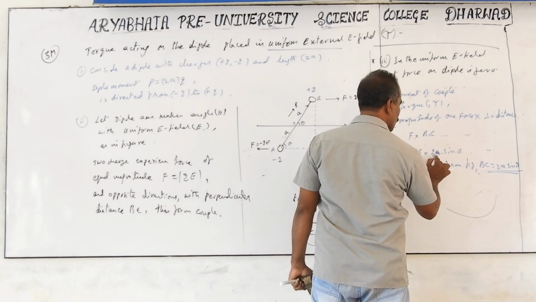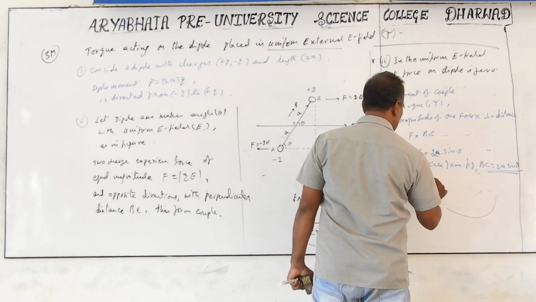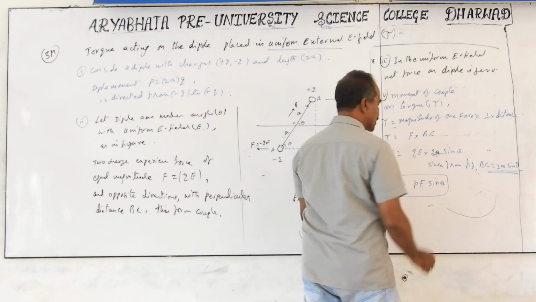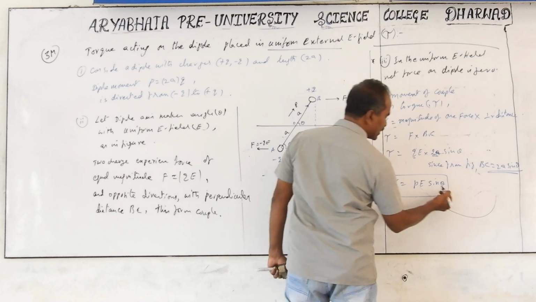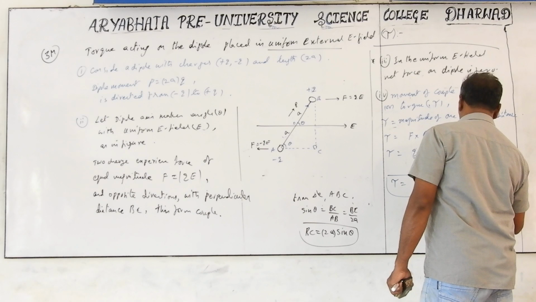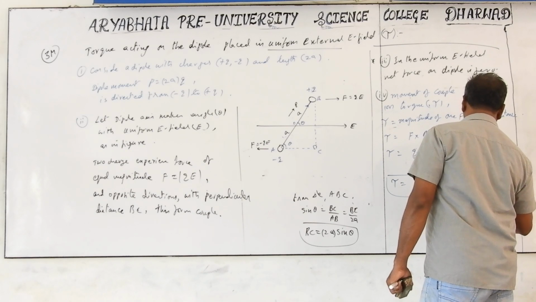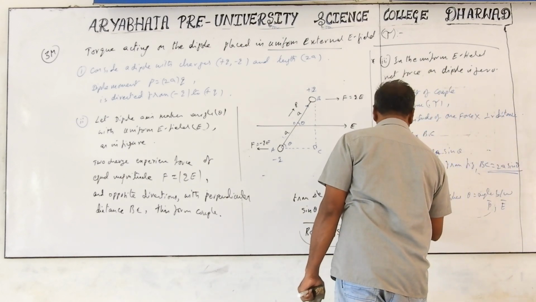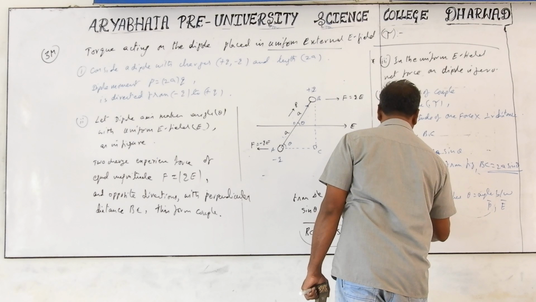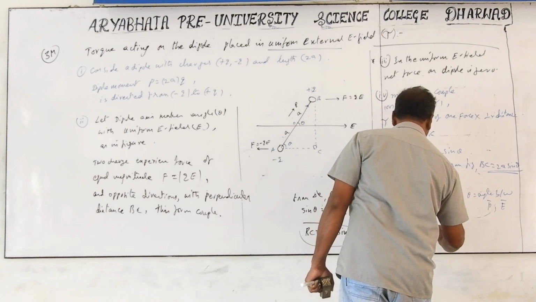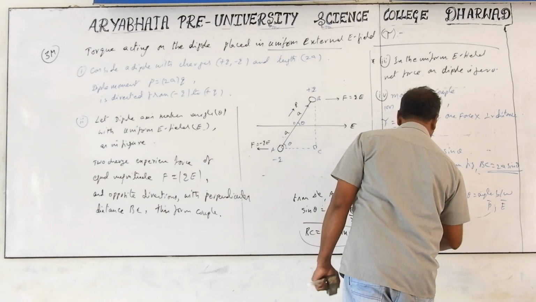Therefore torque is equal to p E sin theta, where theta is the angle between p and E. In vector form, we can write tau is equal to p cross E.